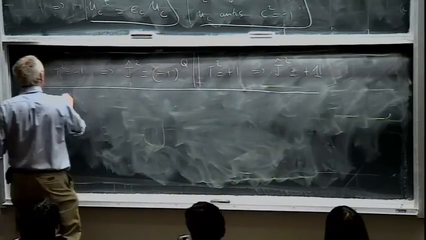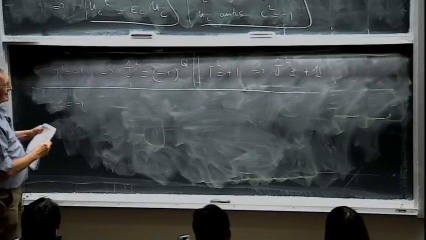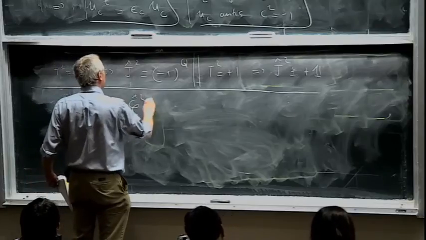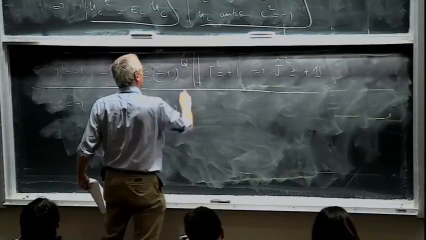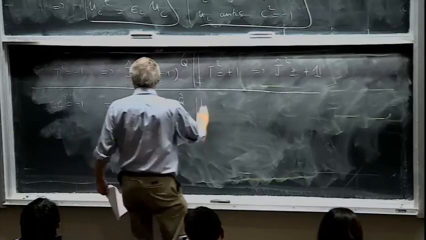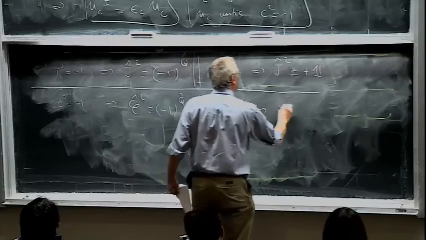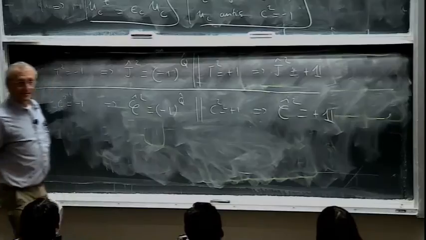So if C squared is -1, then it is fermion parity. But if C squared is +1, then the square is just +1, right?